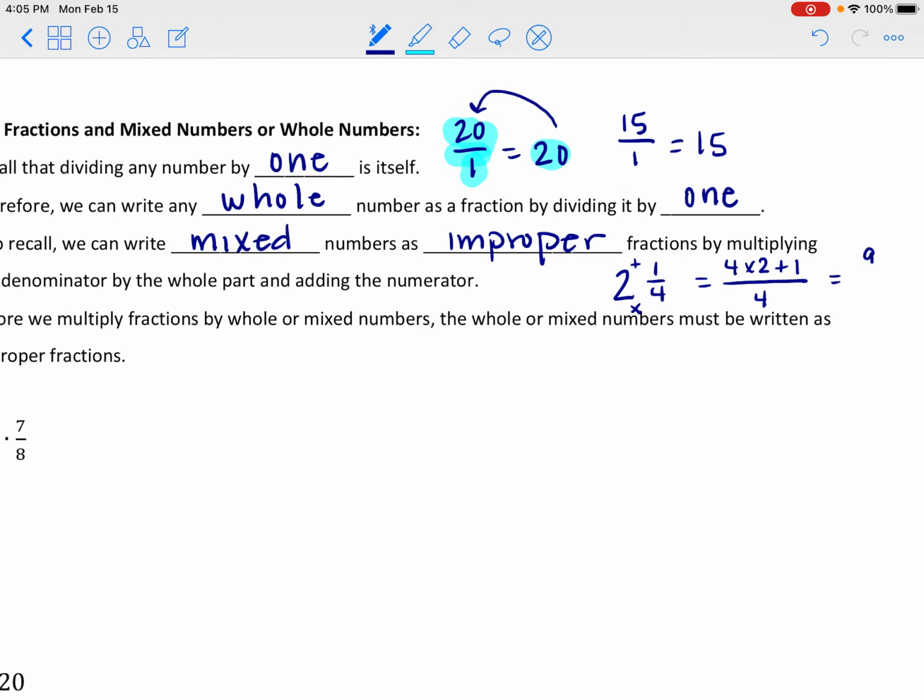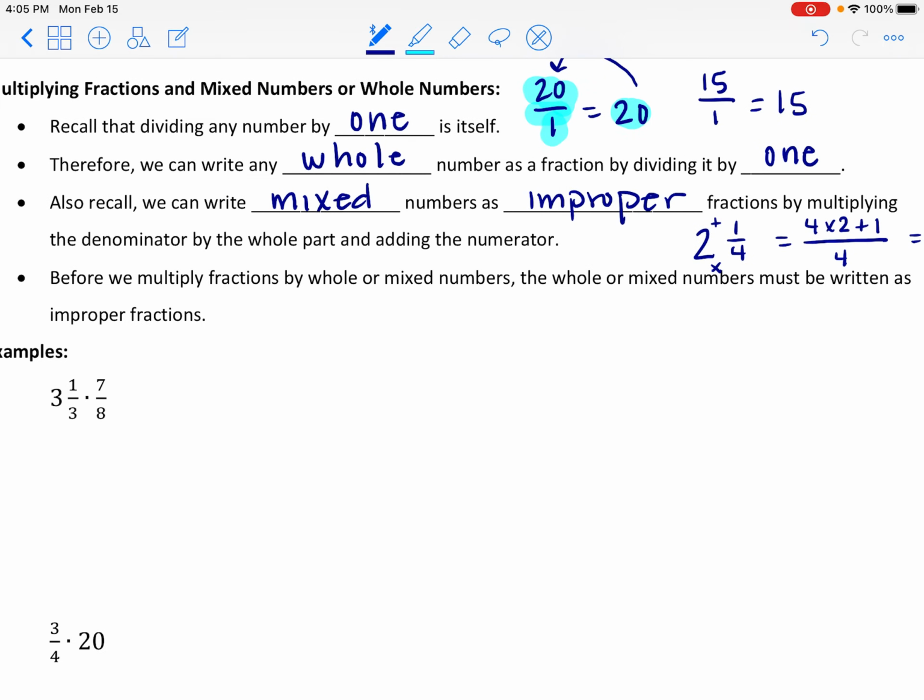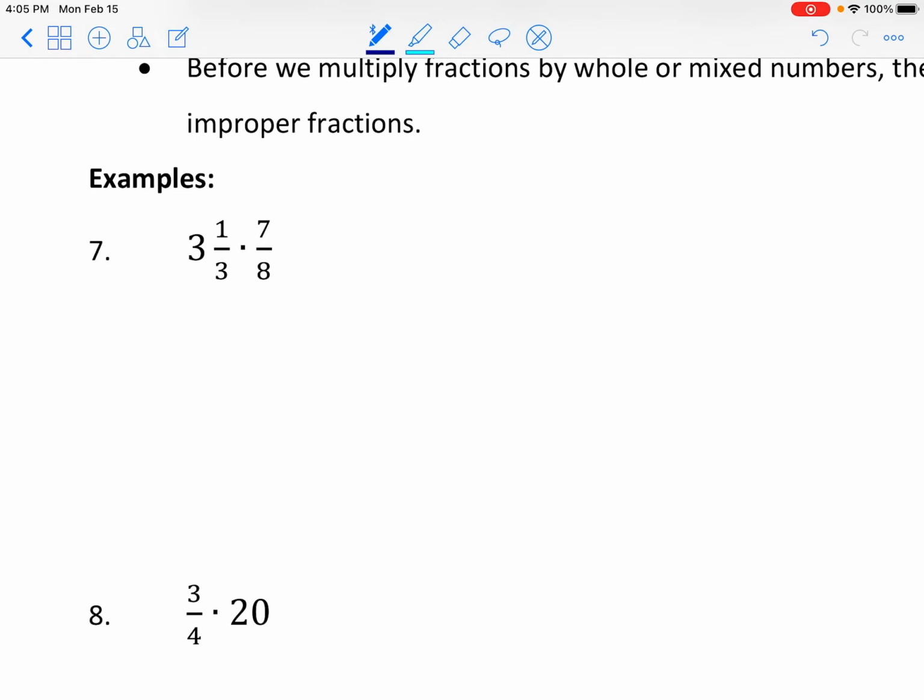improper fraction of 9/4. So what we want to do before we multiply fractions by mixed numbers or whole numbers is rewrite our mixed numbers and our whole numbers as improper fractions. Okay, so if we have a mixed number or a whole number, we got to make them improper fractions first, and then we can do our multiplication.